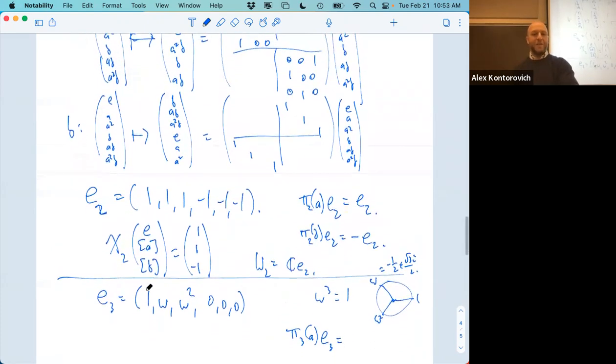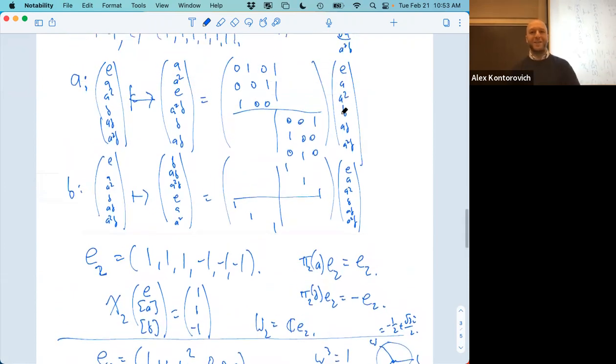So remember, if I had a function, I'm taking 1 times the indicator function of E plus this complex number omega times the indicator function of A plus the complex number omega squared times the indicator function of A squared. And when I apply the regular representation, with right multiplication by A, these guys get permuted. So where does it go?